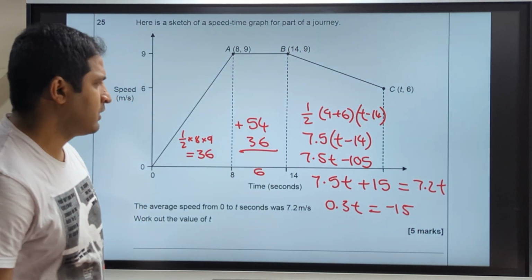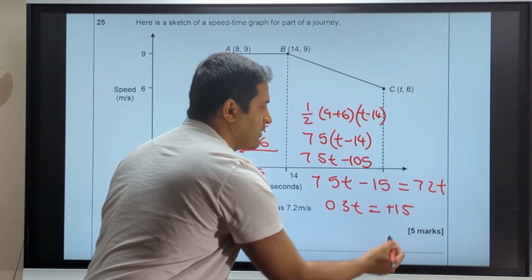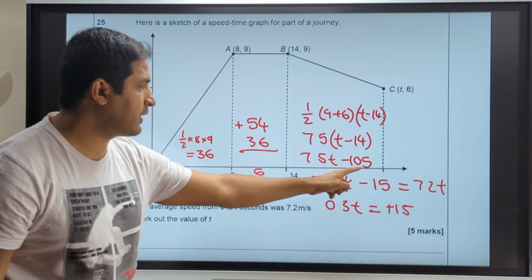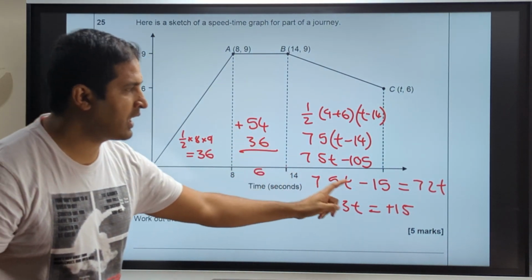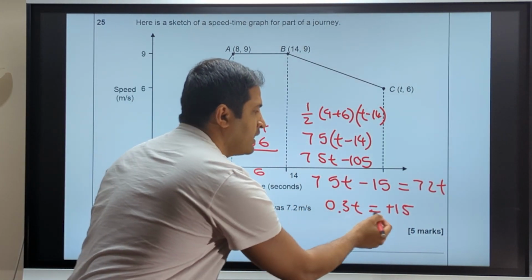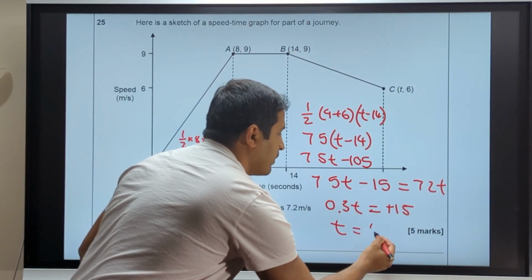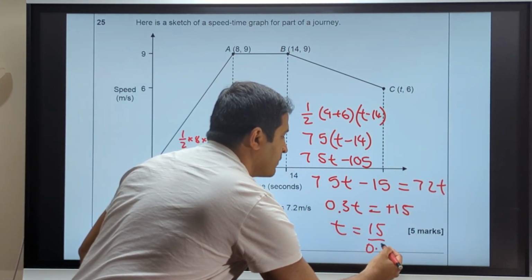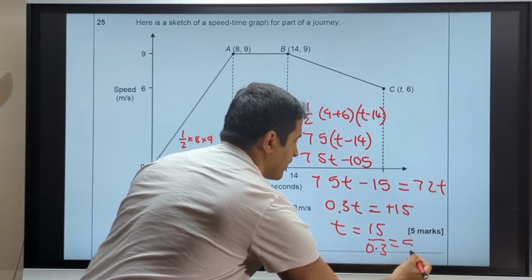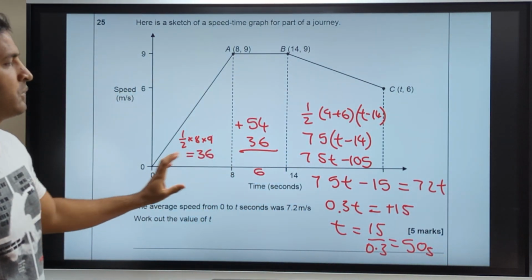Did I make a mistake? No, so that should be negative 15, since negative 105 is way bigger than these two together. So 0.3 t equals 15. So t, the time, is going to be 15 divided by 0.3. If you do that, 50. So the time is 50 seconds altogether.